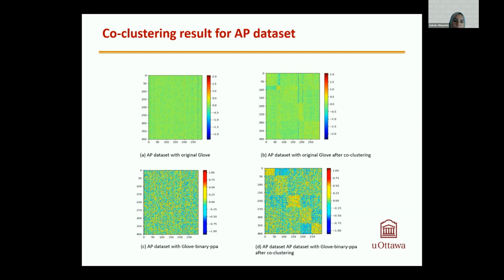And when we applied the co-clustering technique, we get very distinctive subclusters, and we are able to identify a specific semantic for the dimension and rearrange the dimensions of the word embedding based on the semantic relation with the specific words. So we ended with 5 subclusters, and they are arranged in a diagonal line.